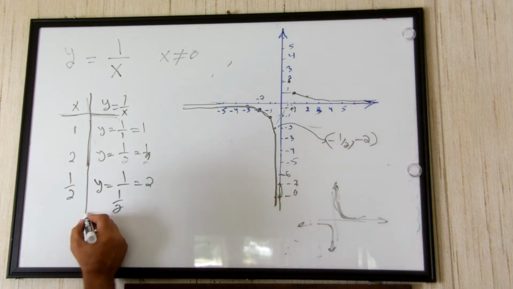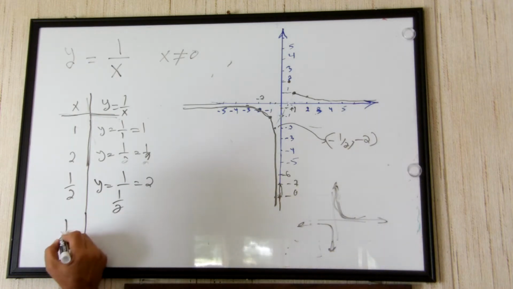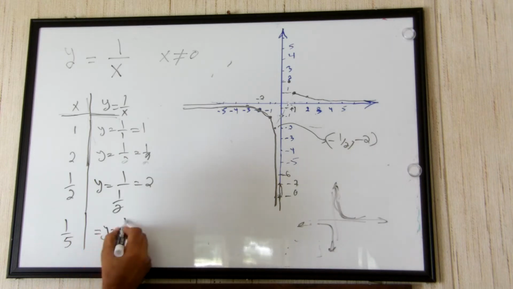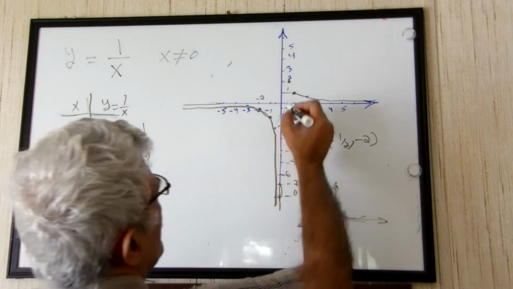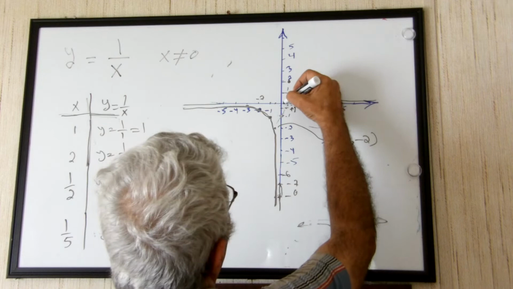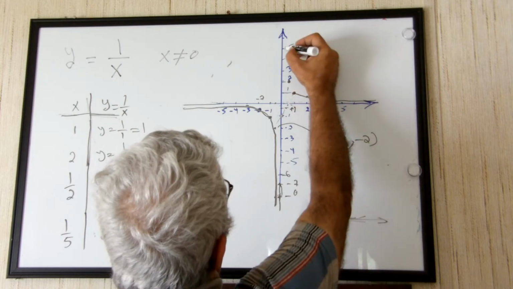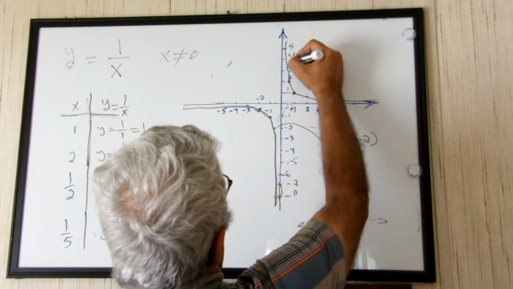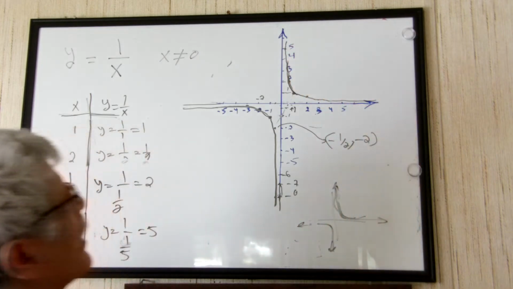And 1 over 5: y is equal to 1 over 1 over 5, which is equal to 5. See, it's getting so small, and 20% of this is going to be here. So actually it's going to look like this.